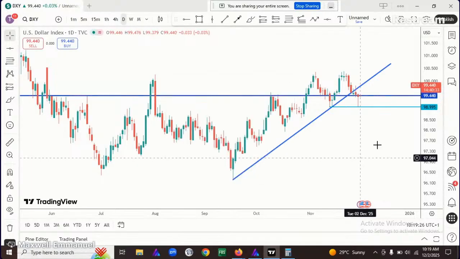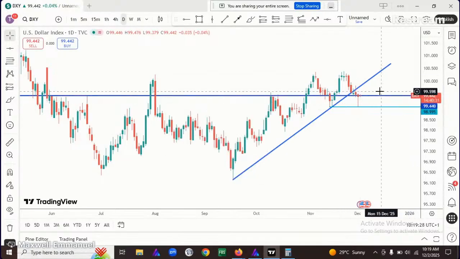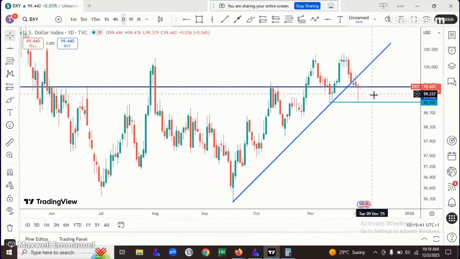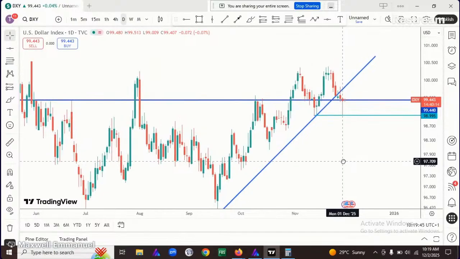So you can see this is the average price. Can you see this? And this candle opened, I think, at 99.44, and our average price is 99.44. So today's candle opened at that same price.